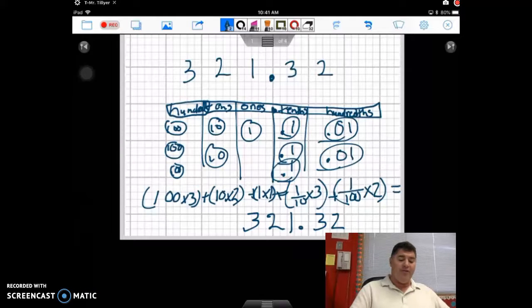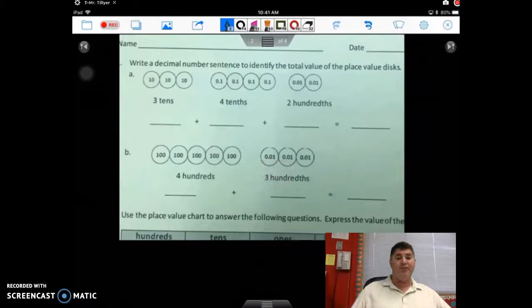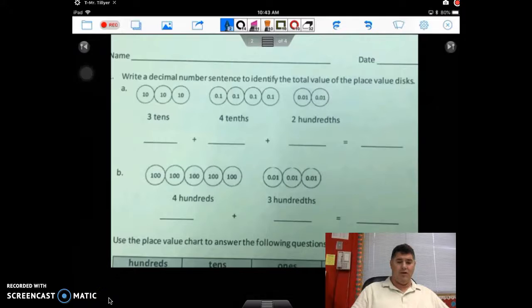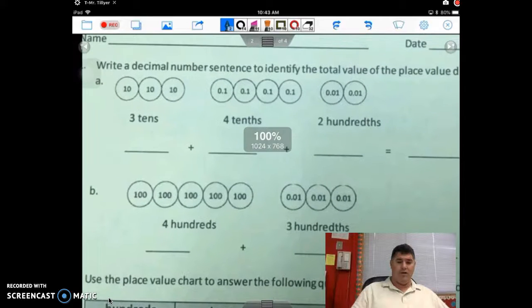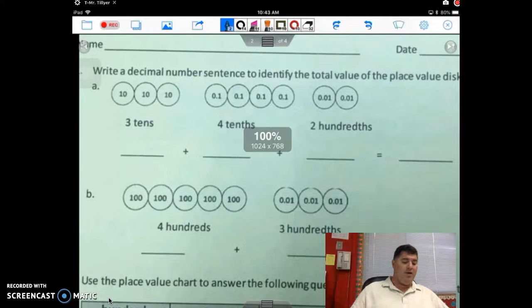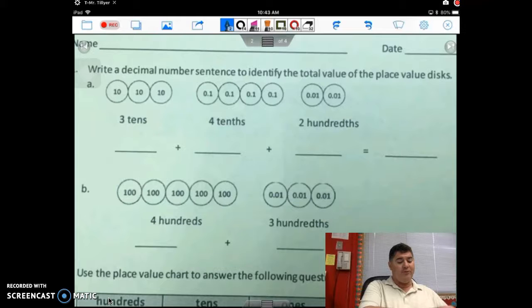Okay, so let's go ahead and look at the work that we're going to be doing tomorrow. Let's look at this first problem. Write the decimal number sentence to identify the total value of the place value discs. How many place value discs do we have? 1, 2, 3. So 3 times 10 would be 30. And then over here, we have tenths. So we have 1, 2, 3, 4 tenths.